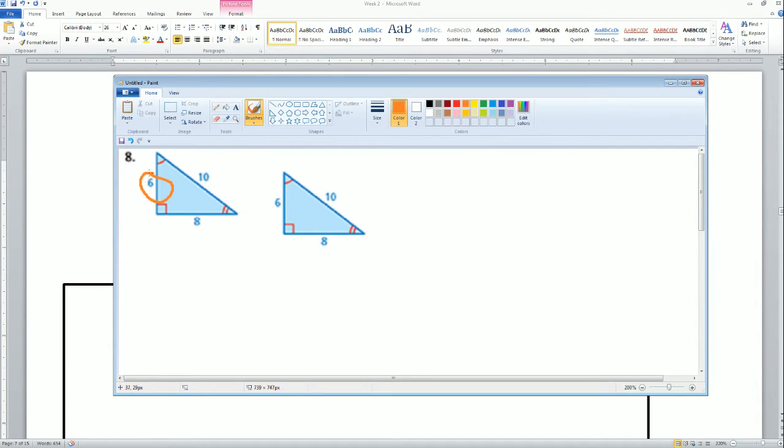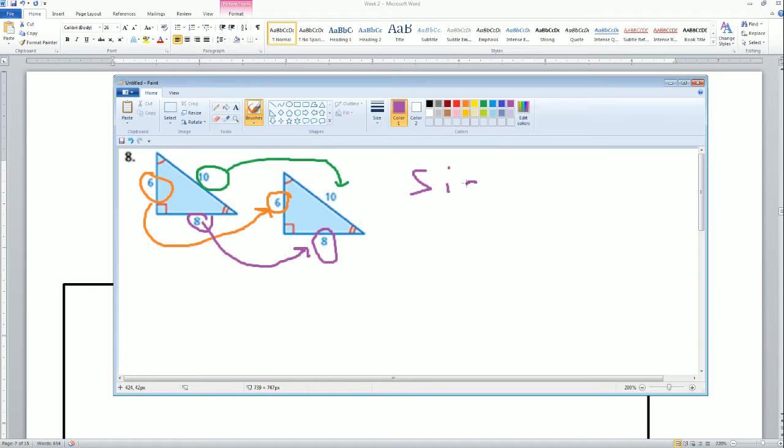I see 6 is the same thing as 6. Perfect, so the sides are the same. Let's look at this one. 10 is the same thing as 10. And purple, 8 is the same thing as 8. So here, all the sides are good. So we check the 3 sides.